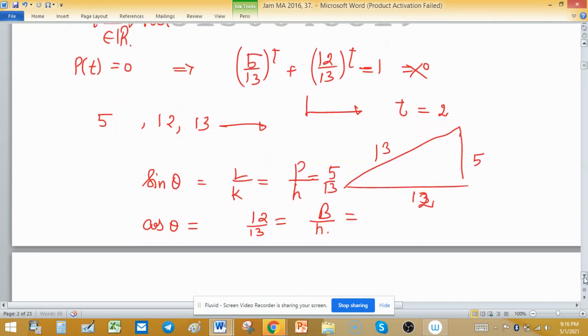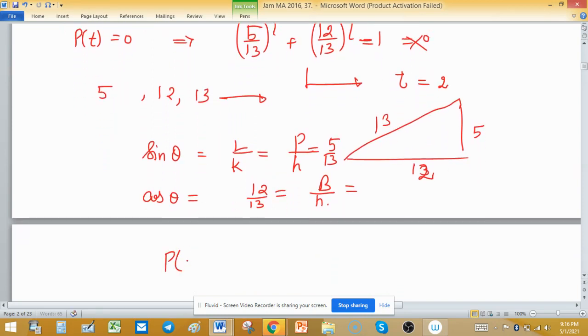So p(t), or p(θ) in terms of θ, we can write as sin^t θ + cos^t θ = 1.